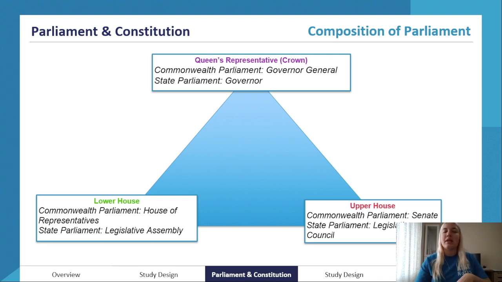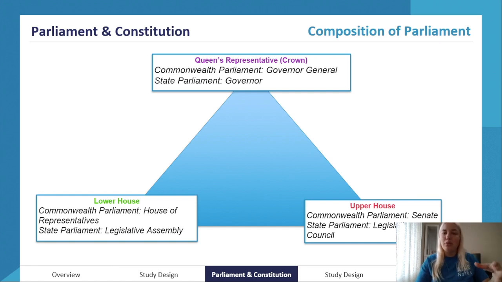Their role is that any proposed law that's been approved by both houses, in order for it to pass, the Crown must grant it something called royal assent. This is the very last step in the progression of a bill. Before any law becomes an actual law, the Queen's representative basically signs it off.